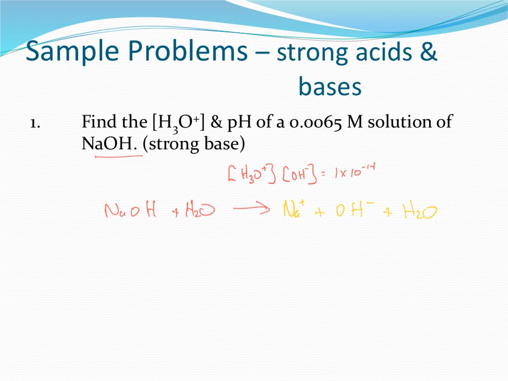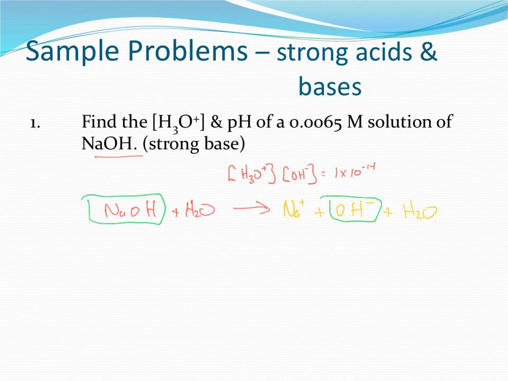And the important thing to note here is that if you look at the balanced chemical equation, there is a 1-to-1 molar ratio between sodium hydroxide and the hydroxide ion.